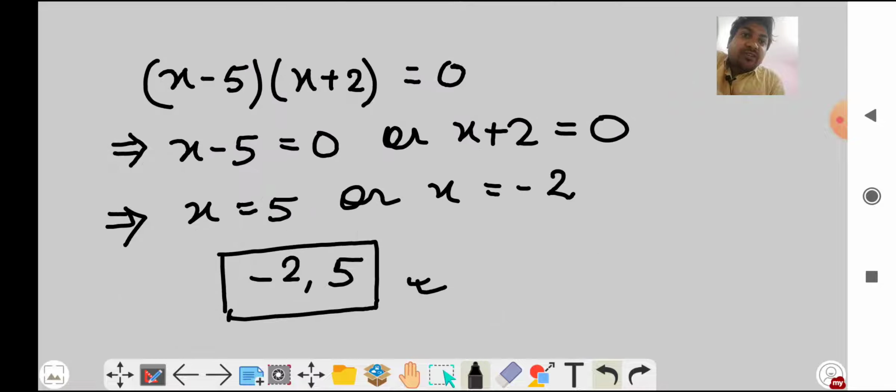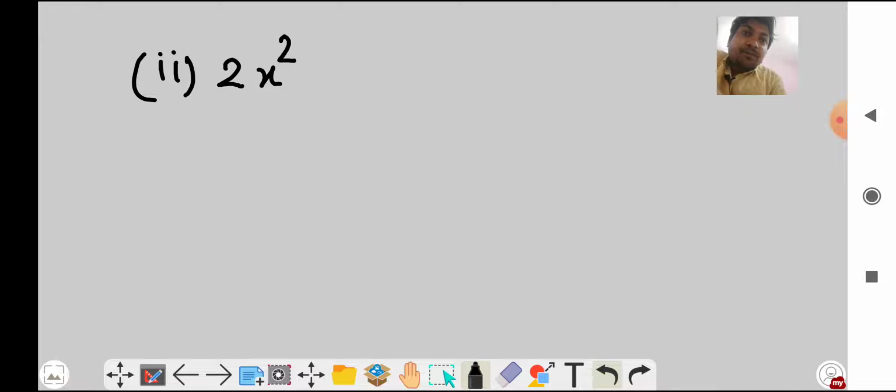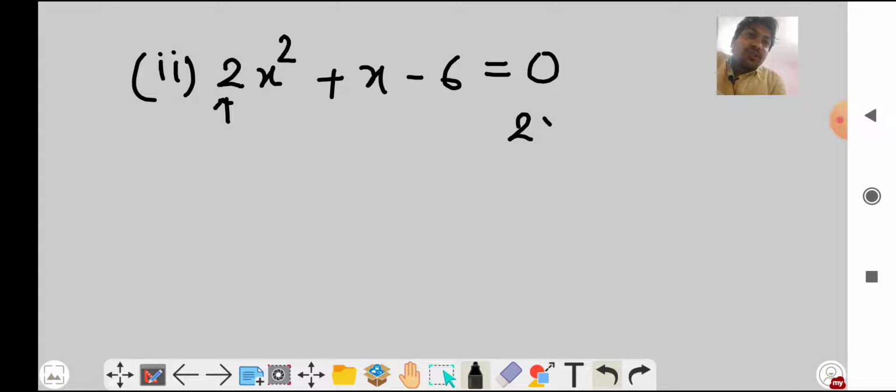What is our first step? We have to see the coefficient of x square, that is 2. What is the constant term? That is 6. Just multiply them and it will give 12.